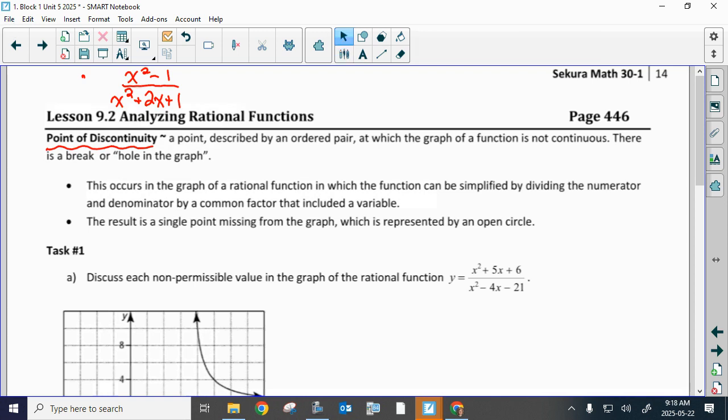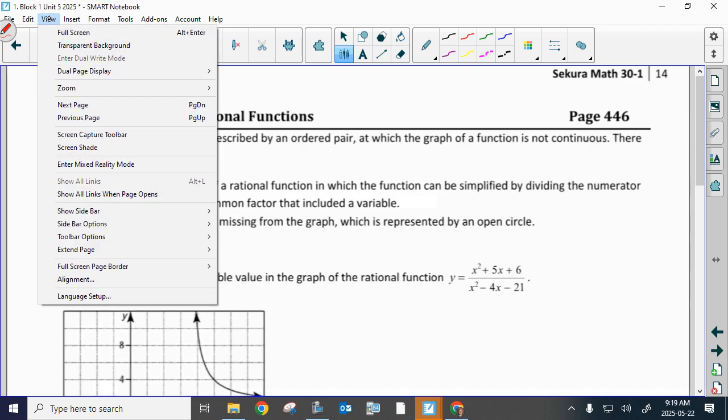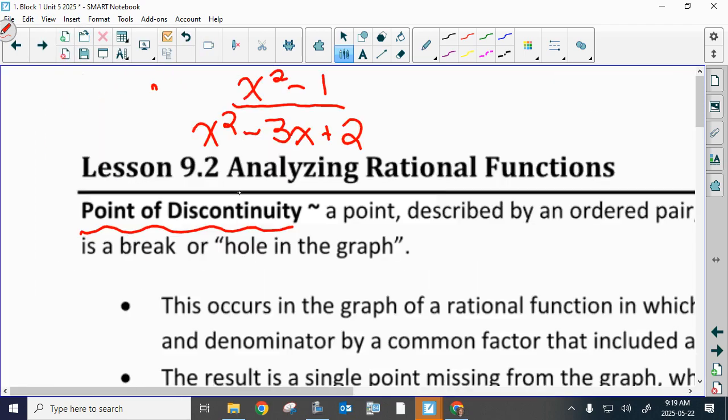I need to make it different. Give me a second. x squared minus 3x plus 2. So this was a rational function that you guys would have done a deep dive into, and you would have factored the numerator and you would have factored the denominator.